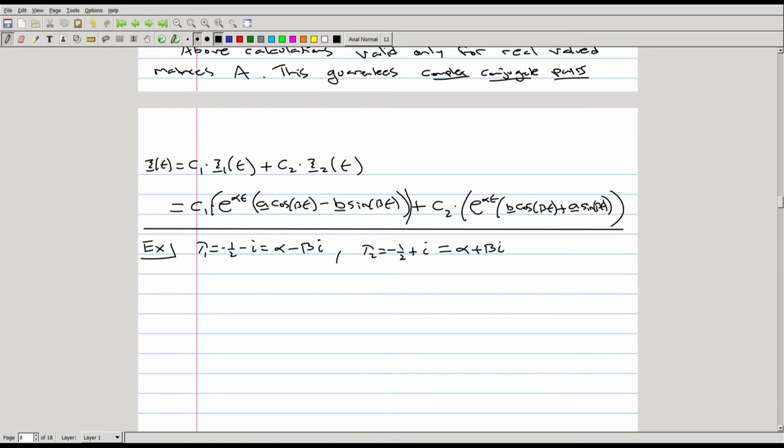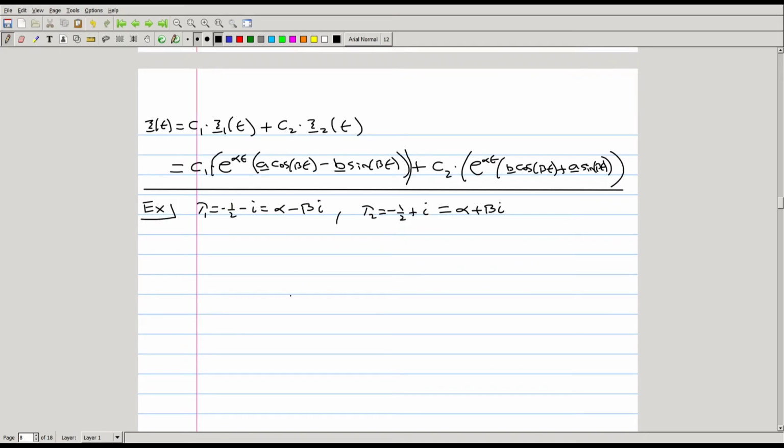And we also have that the eigenvectors are of the form u equal to the vector 0, 1 minus the vector negative 1, 0 times i.